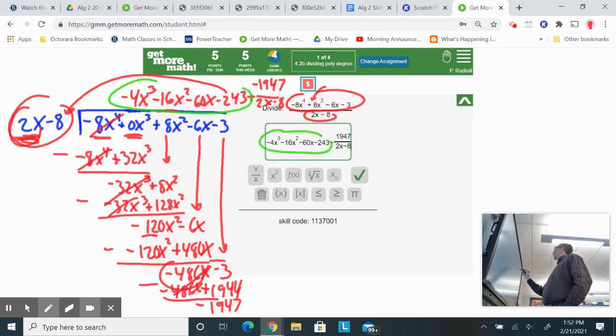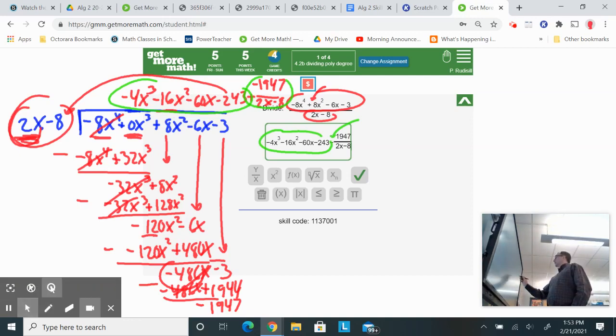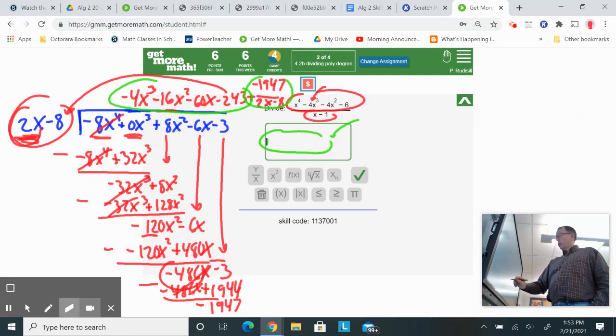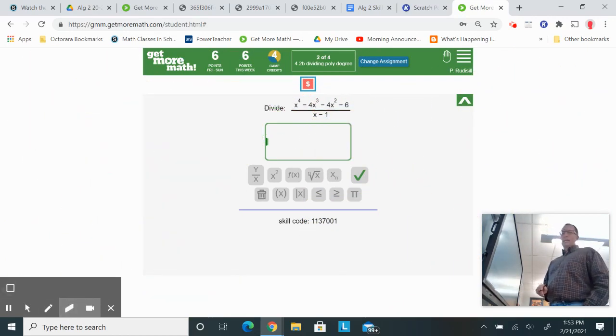And I'm pretty sure I did. And I added the negative 1947 over 2x minus 8. I just made that a subtraction right there. So let's see how we do by hitting that green check. Keep your fingers crossed. Nice. All that work. All right, let's move to the next problem.